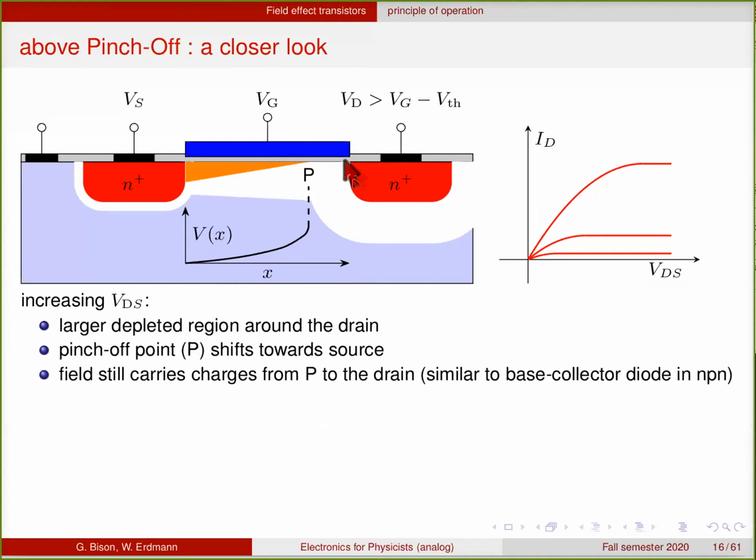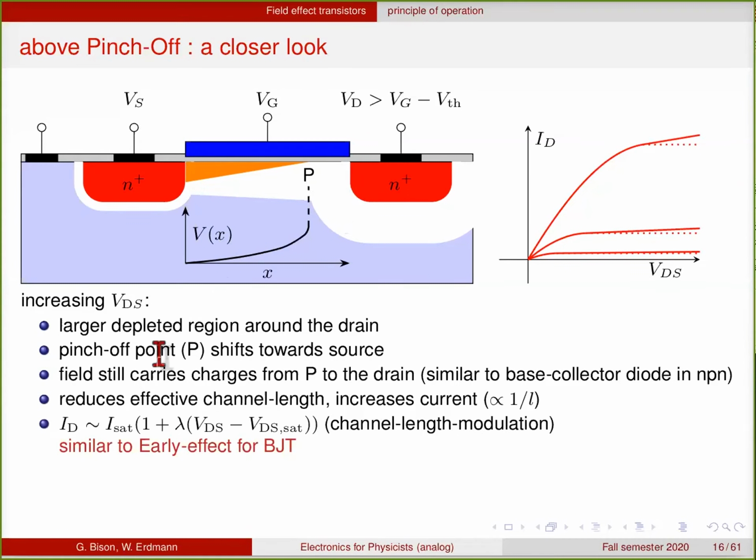So the pinch-off point moves a little bit towards the source. However, the field that carries the charges from the pinch-off point to the drain is still there. So the effect here is similar to what happens in the base collector diode of an NPN transistor.